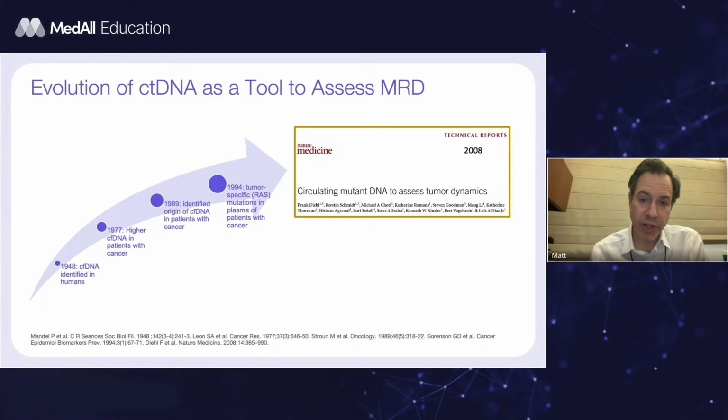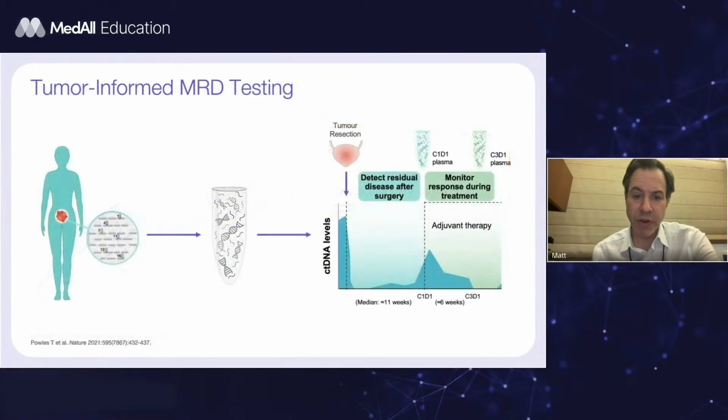Circulating free DNA was first recognized in 1948, and the technology has evolved over time to be able to determine that ctDNA can represent a measure in individual patients of molecular residual disease and might serve as a key therapeutic decision point for individuals who've undergone radical surgery for a solid tumor in determining whether or not there's residual disease and informing the use of adjuvant therapy.